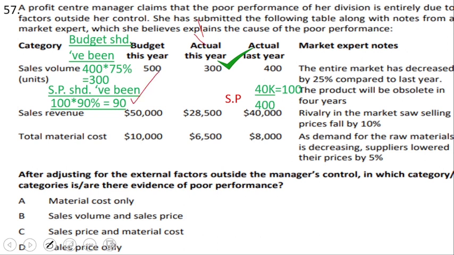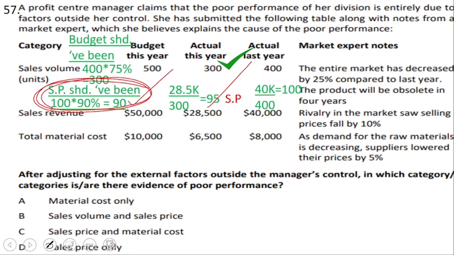Now let's look at the actuals. What is the selling price actually achieved? It's $28,500 divided by 300 units. So the actual selling price works out to $95. So $95 is excellent considering that when we rework the selling price, we just got $90. So we will put a tick mark against the sales revenue as well.